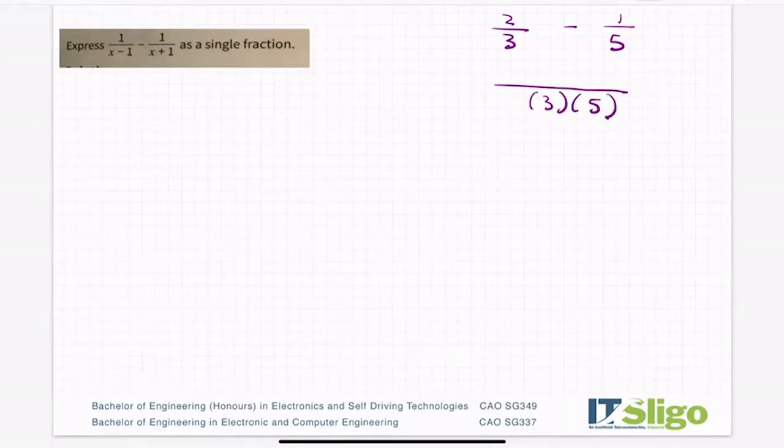So what you do is you multiply everything by your common denominator. It doesn't matter whether it goes before or after the term that's there. So there's my 3 by 5s.